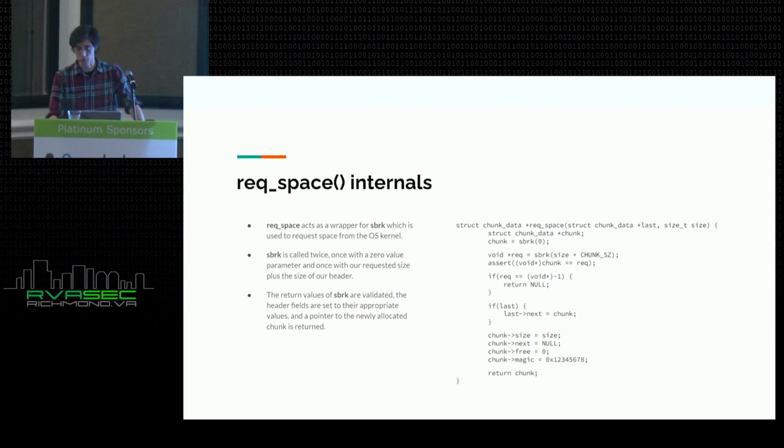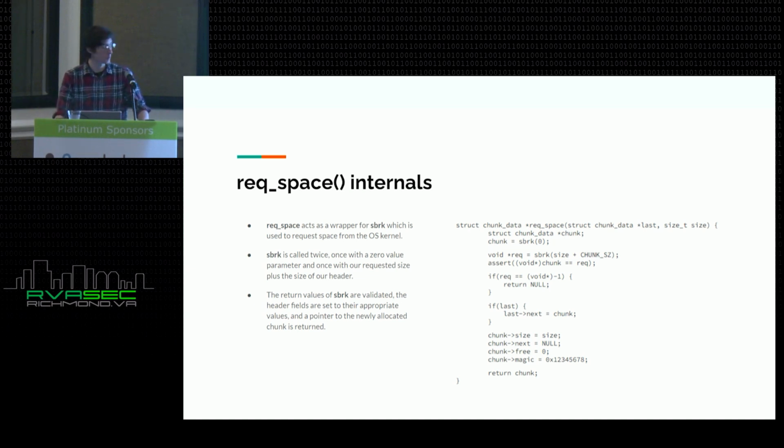That sbreak or sbrk, however you want to refer to it, is a system call which extends the program break of a process. Essentially, the area of memory that has been allotted to your process by the kernel is extended. So when that's increased, you have more memory to work with.